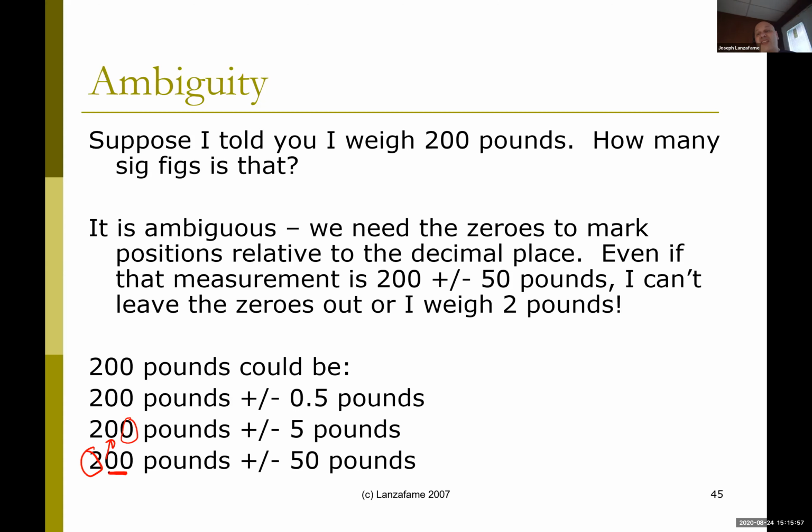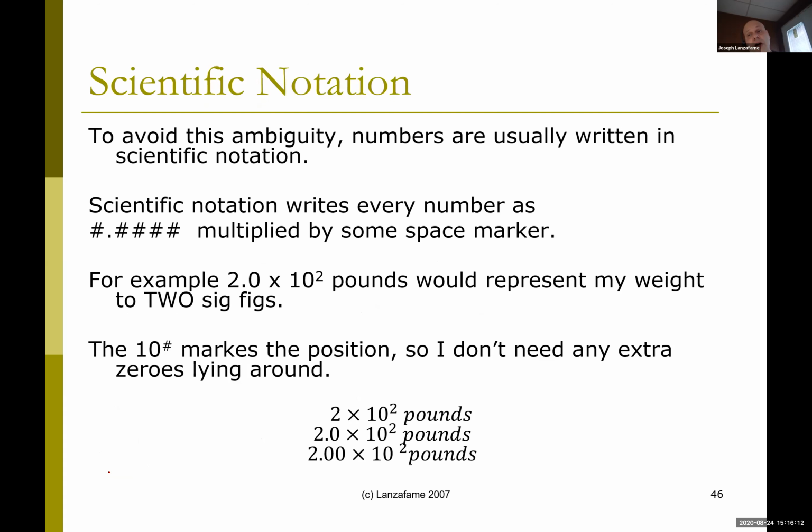So if I write 200 as a measurement by itself, it does not give me any indication of how many actual sig figs are in the number, because the zeros are really only trying to tell me where the decimal point is. The solution to this problem is scientific notation. In some sense, this is the only reason scientific notation exists. Some people say it exists as a shortcut for writing big or small numbers.